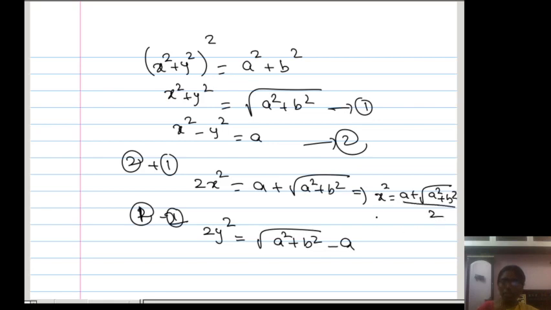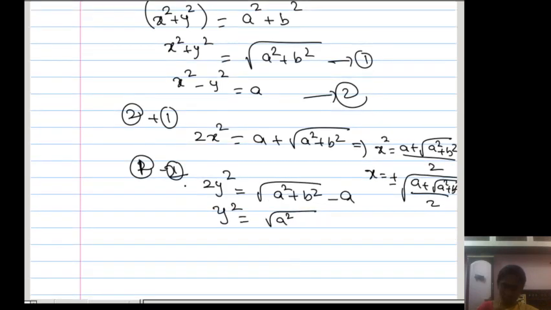Then x is plus or minus under root of (a plus under root a square plus b square) by 2. Similarly here, y square is equal to (under root a square plus b square minus a) by 2. Then what is y? Plus or minus under root.